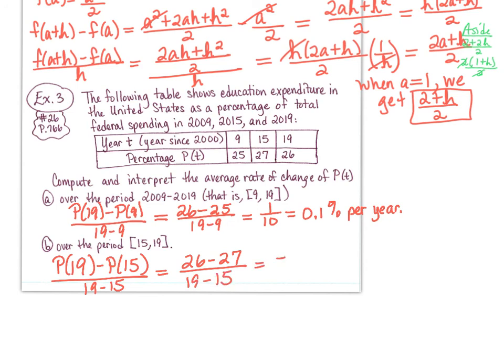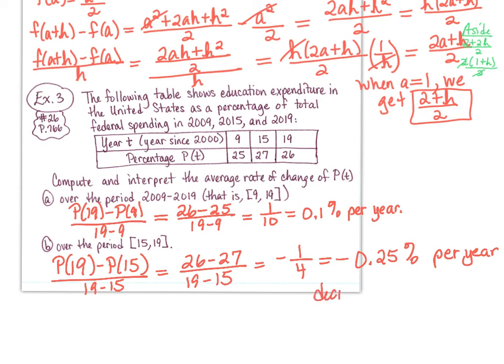Or in other words, we get negative 1/4, which is negative 0.25% per year, which means that the U.S. education expenditure is projected to have decreased at a rate of 0.25% per year.